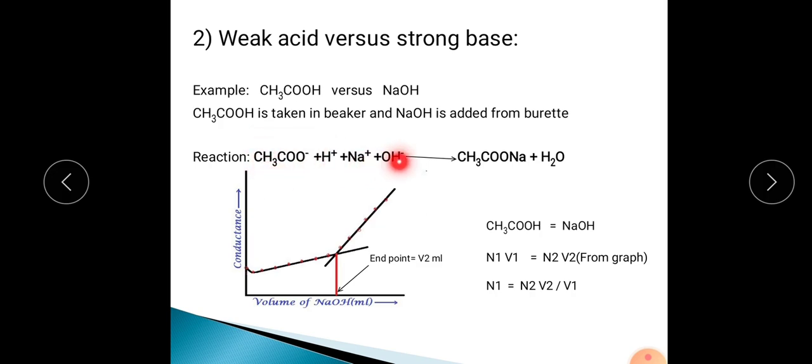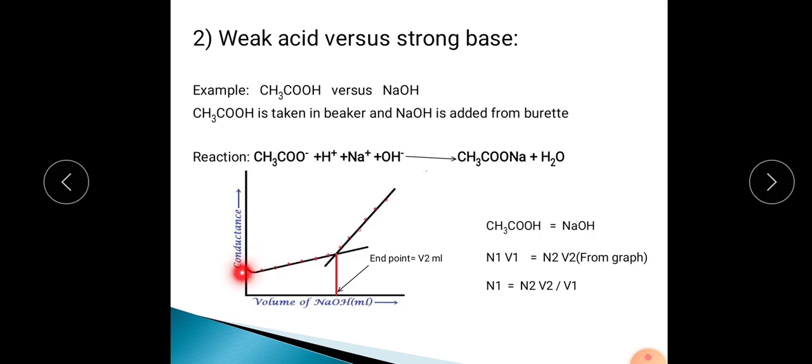If you continue adding NaOH from the burette, after a particular point the conductance increases sharply, abruptly. This is because whatever acetic acid was there got neutralized up to this point. After this point there is only excess added NaOH.